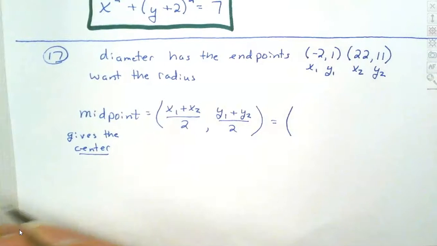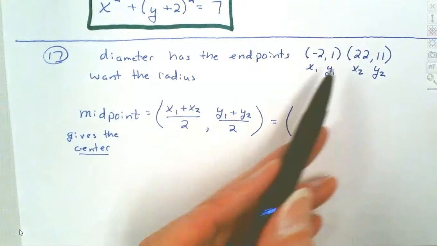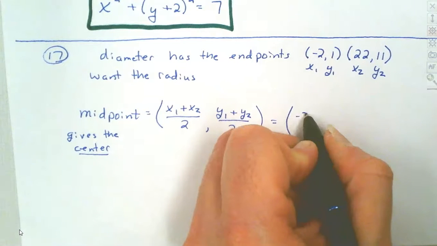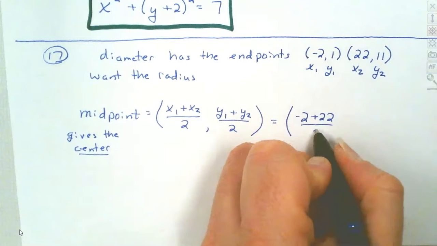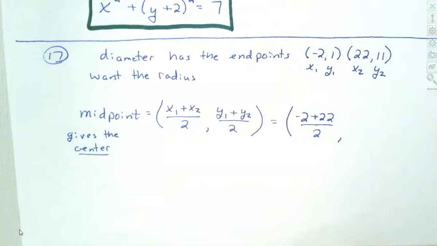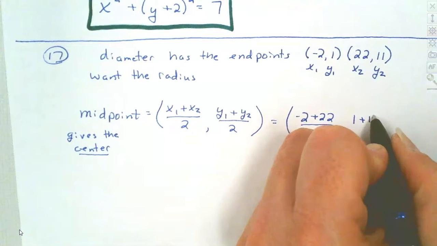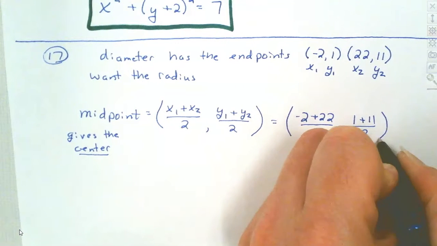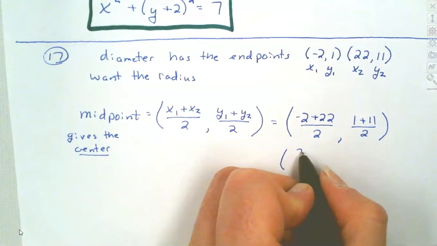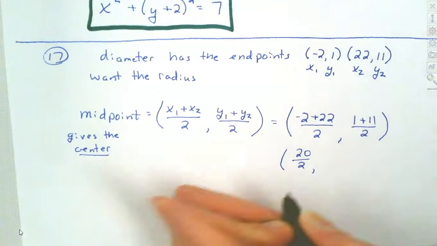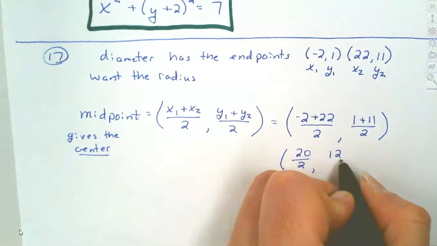So what do we then have? Plugging in our pieces, we have -2 plus 22 over 2. Then we have 1 plus 11 over 2. That gives you then 20 over 2 and 12 over 2.